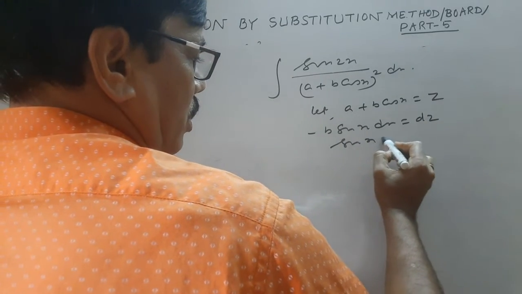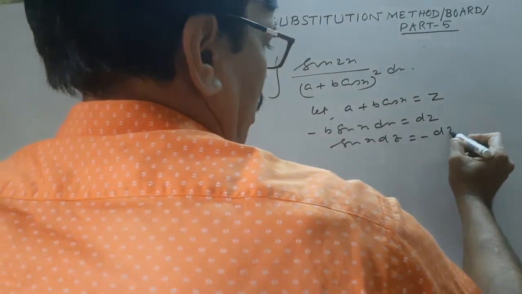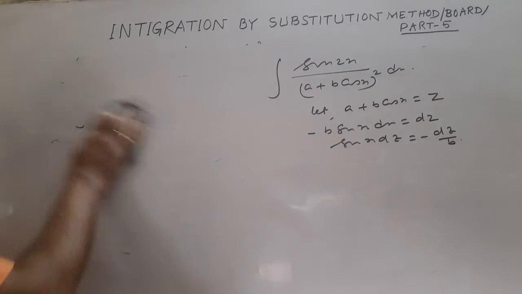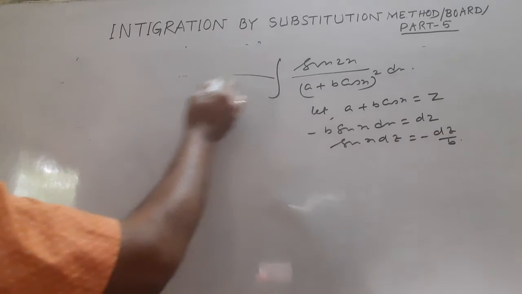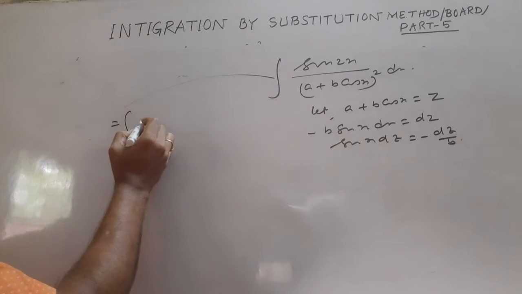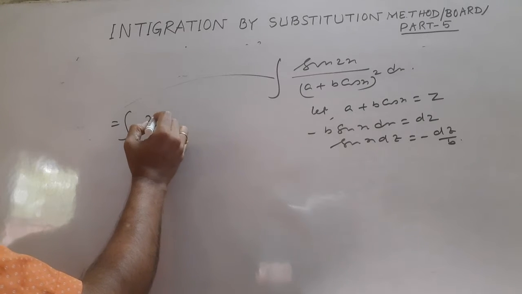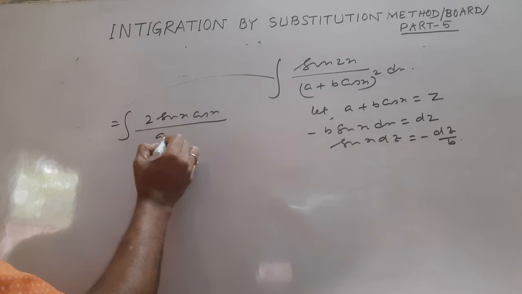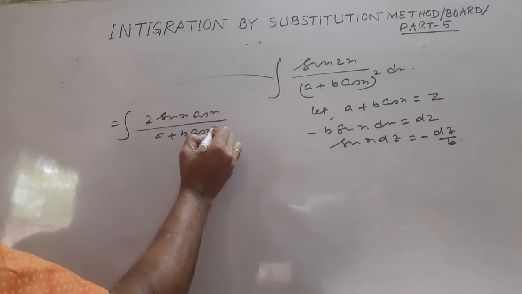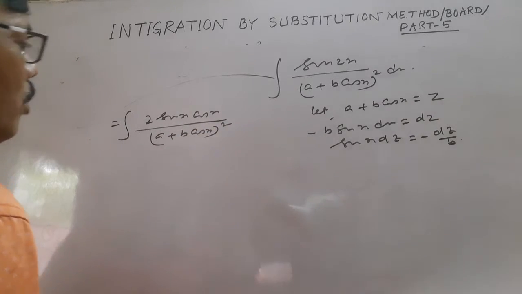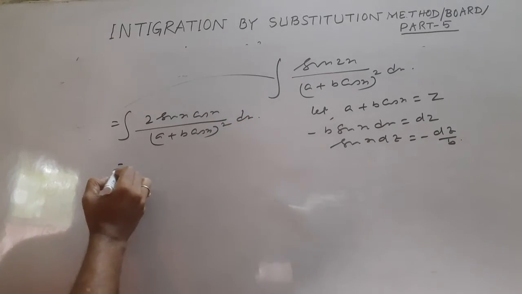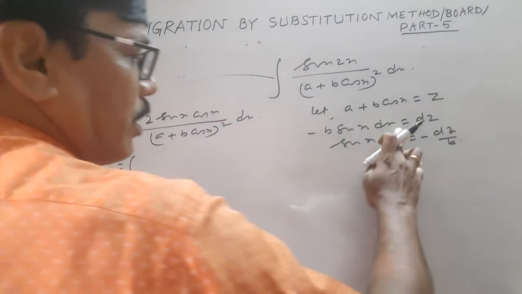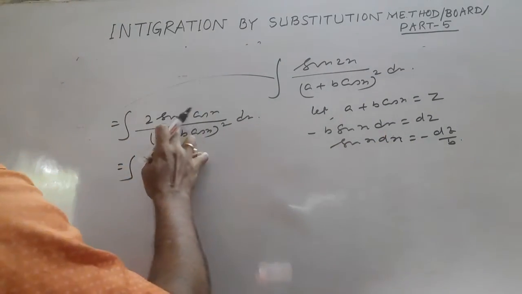So sin x dx is minus dz by b. Now sin x, so if you write the formula, we are getting 2 sin x cos x by (a plus b cos x) whole square. Now this is an important problem.